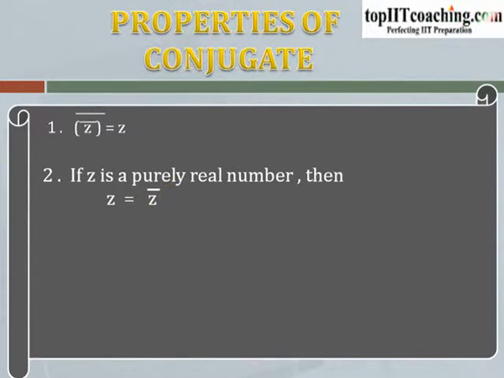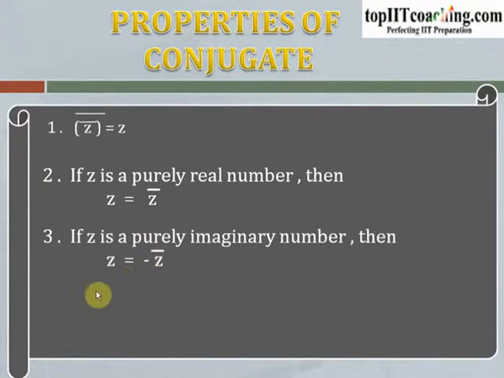So if any complex number is a purely real number, that is the imaginary part is equal to 0, then the conjugate of that complex number would be the same as the original complex number. So z is equal to z bar. If z is a purely imaginary number, then the real part of z should be equal to 0, and so z would be equal to minus of z conjugate.